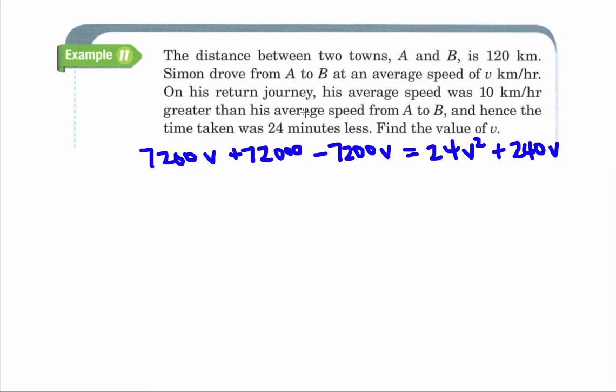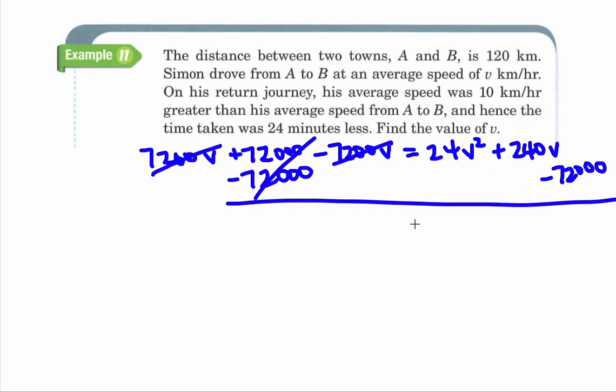Let's go ahead then and see what we can simplify. Oh, I have a 7,200V minus a 7,200V, so we can get rid of that. And then let me just subtract 72,000 from both sides. So then I'll have my 0 equals 24V squared plus 240V.